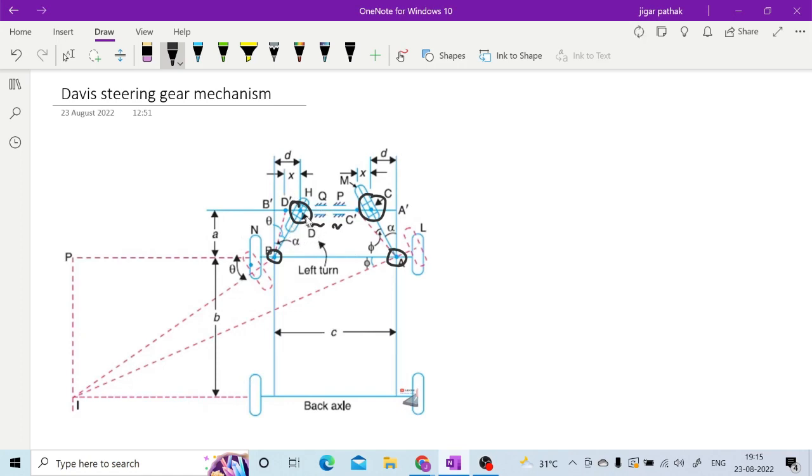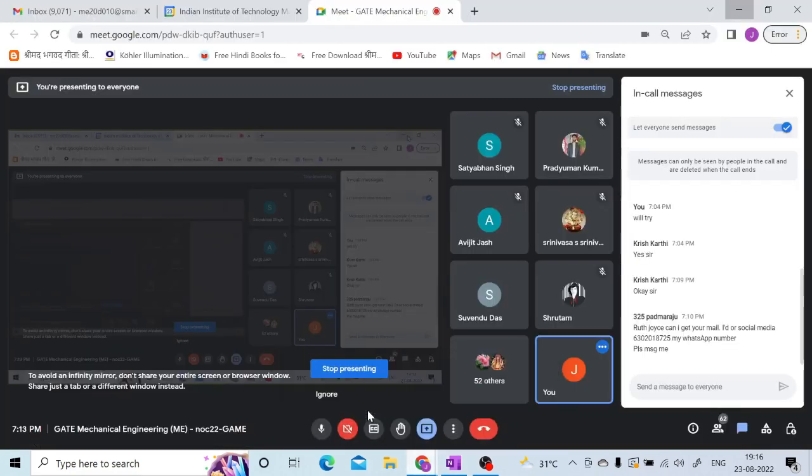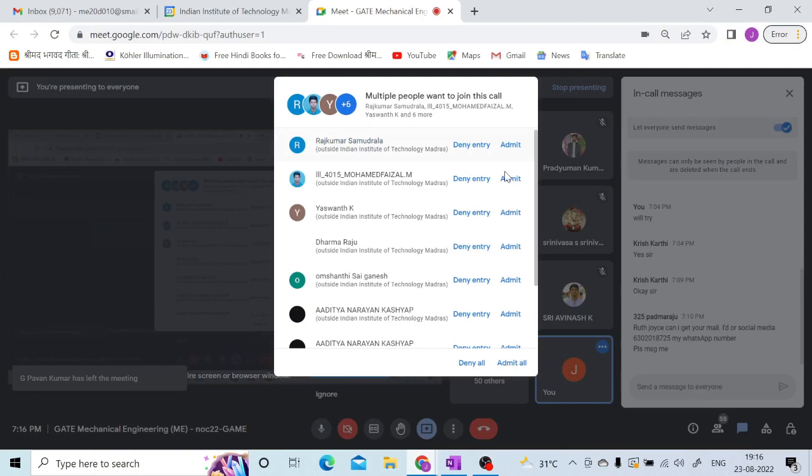But as it has sliding pairs, it is not generally used because sliding pairs have more wear and tear. So this is how you have different kinds of steering gear mechanisms, right?